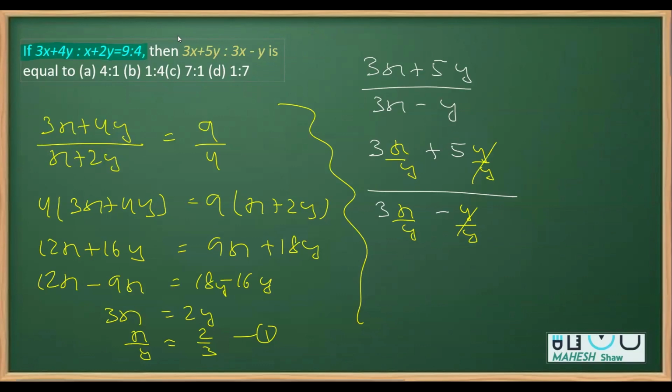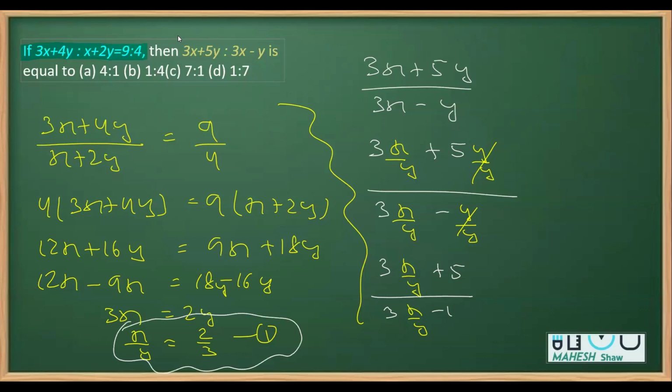What we got here is 3 times x over y plus 5, and below we are getting 3 times again x over y minus 1. Now you can see that we can replace x over y by this.